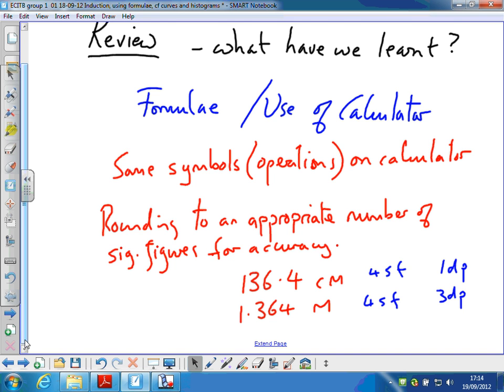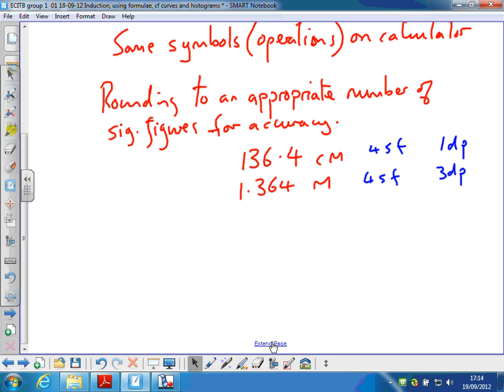Backbench, someone? Something that you can take away from today?